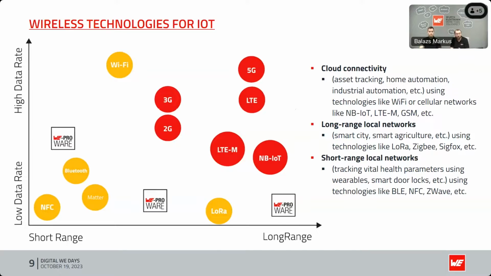So we have standardized stuff like Wi-Fi, LTE, 5G, and also we have proprietary protocols. For example, our own WProWare or LoRaWAN, which is coming from one company, so it's not standard. At the end, the target is to get data from A to B, and that's the important thing, ideally in a safe and secure way. Exactly. We are going to talk about it later.